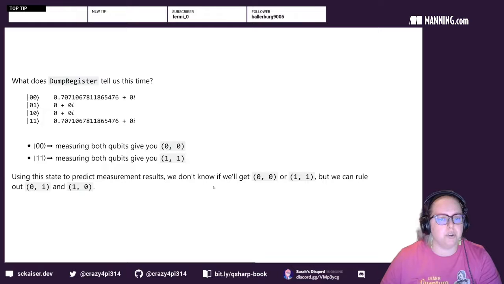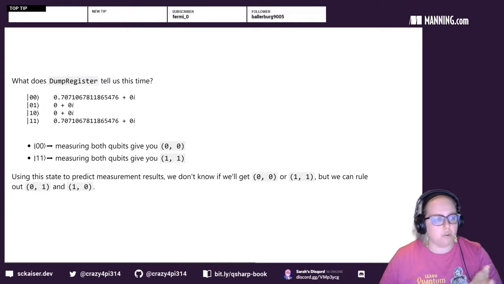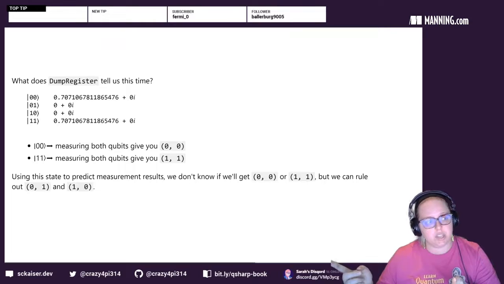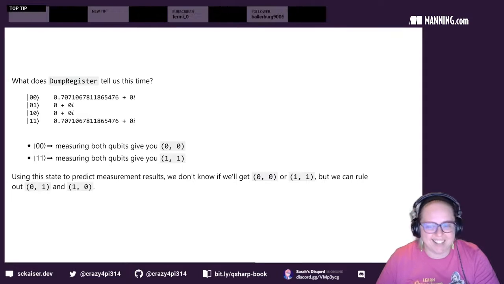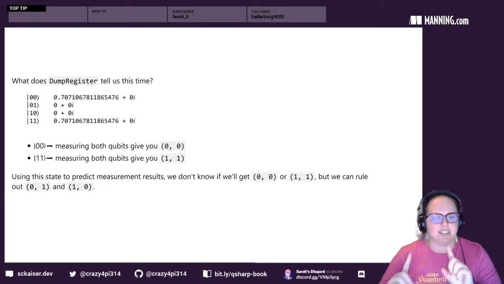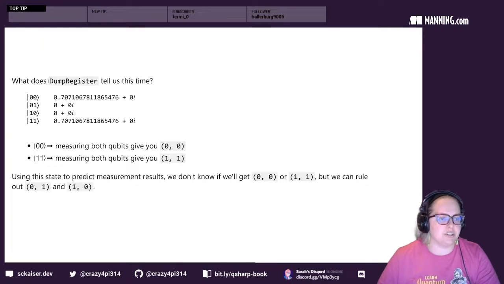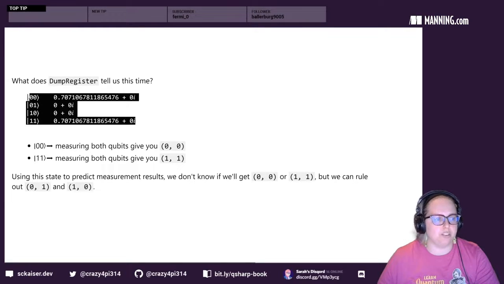What that tells us is there is never a way that we will measure a 0 on one qubit and a 1 on the other. So we can measure one of our qubits and know for sure what the other qubit is, because there is no probability that it could be the opposite of what we just measured, if that makes sense. We've excluded the middle. And you can do this with 1, 0, 0, 1 too; this is just one particular instance of entanglement.